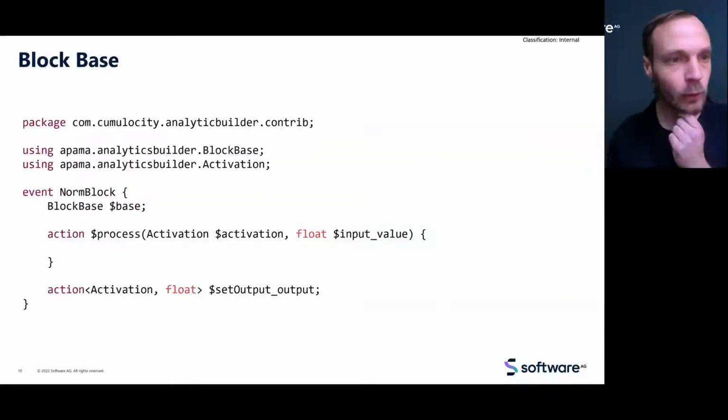It will look like this, and it might look a bit strange if you haven't worked with EPL before. But at the core, all we have to do is define our process action. So $process will give some input values, which are called $input something. And in the end, we are going to produce some output, which is going to be $setOutput.